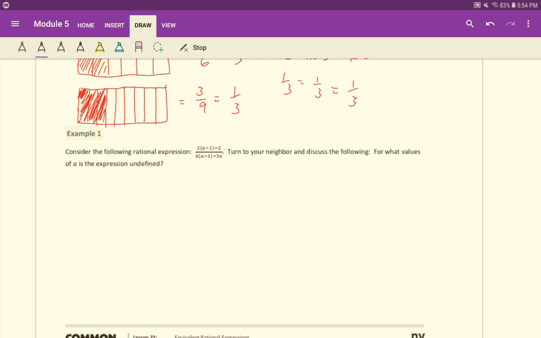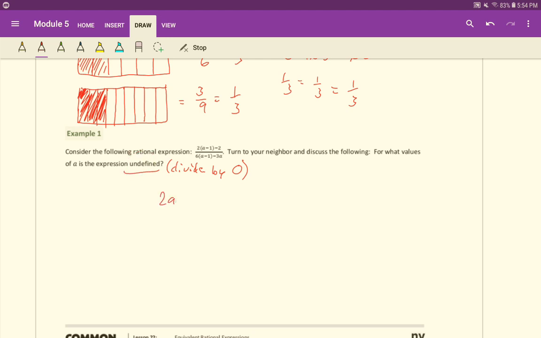Looking at this, we want to know for what values of a is the expression undefined. That word undefined means divide by 0, which we know is a big problem in mathematics. It's literally undefined. We don't know necessarily what it equals all the time.